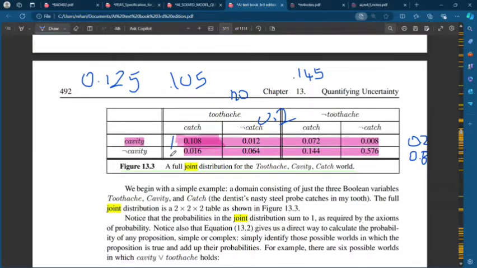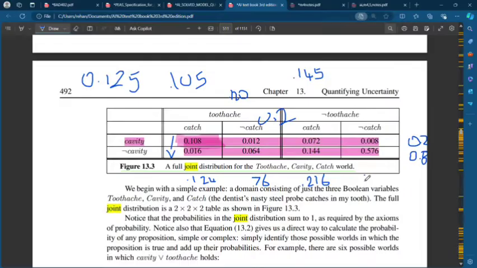Now let me add like this: 0.108 and 0.016, that is 0.124. Then 0.076, and here 0.144 plus 0.072 is 0.216.